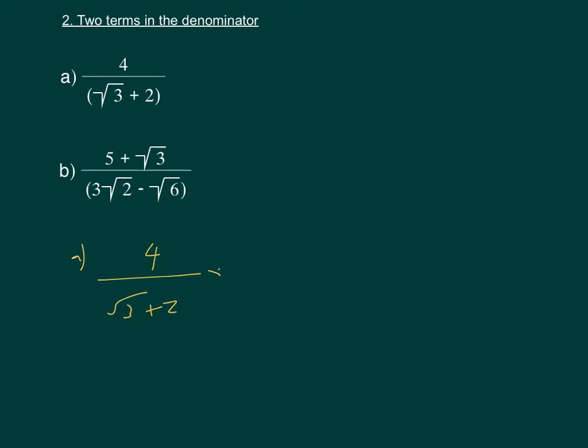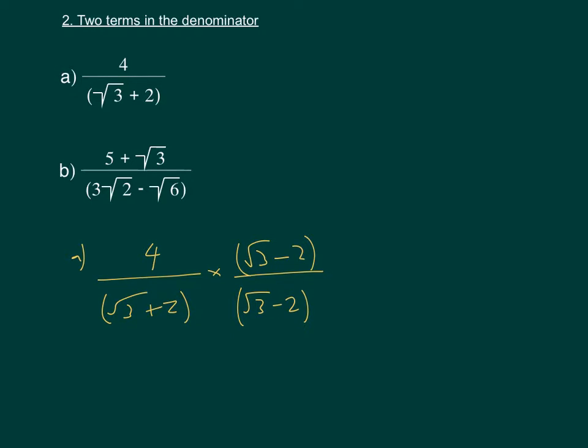This time we're going to times top and bottom by the same thing, but rather than using the plus, we're going to use minus. So whatever symbol is here, we're going to do the opposite when we're multiplying. So it's root 3 minus 2. And the reason why we're doing this is when we expand these two brackets at the bottom, we'll end up with no irrational numbers.